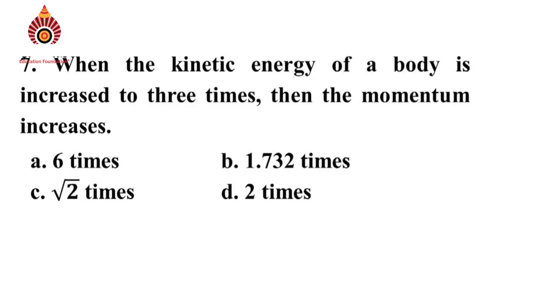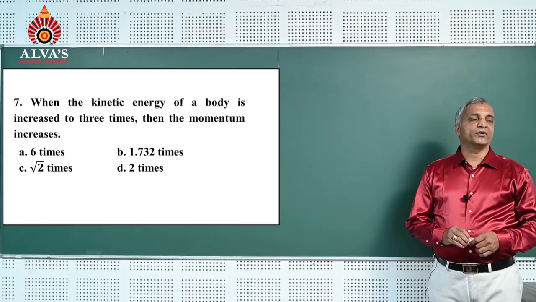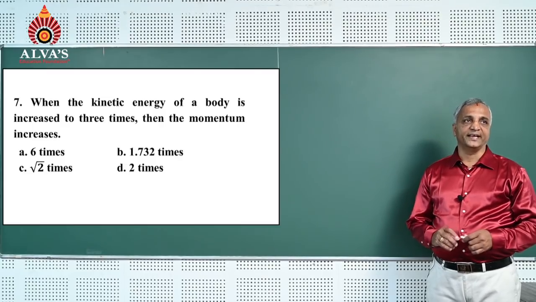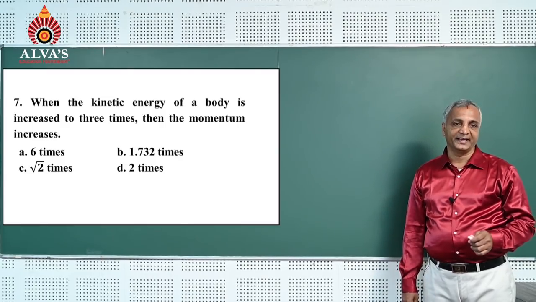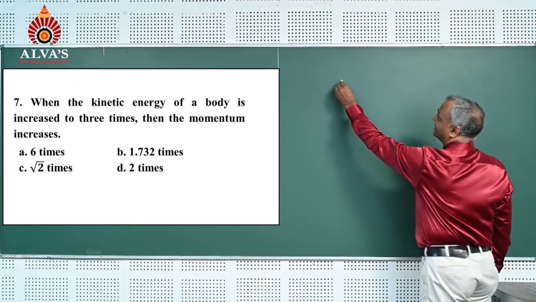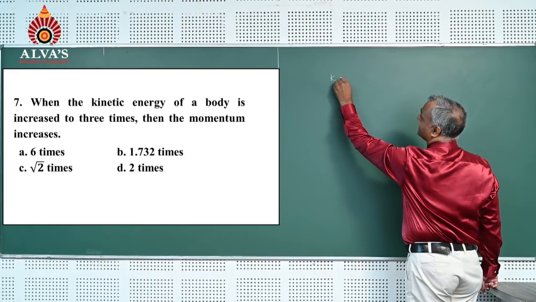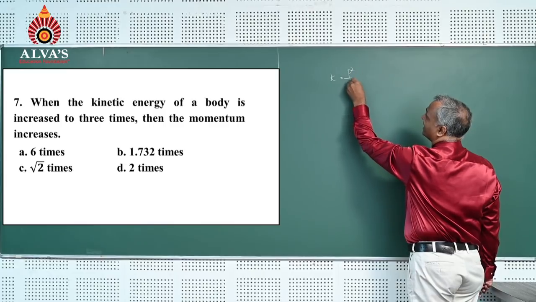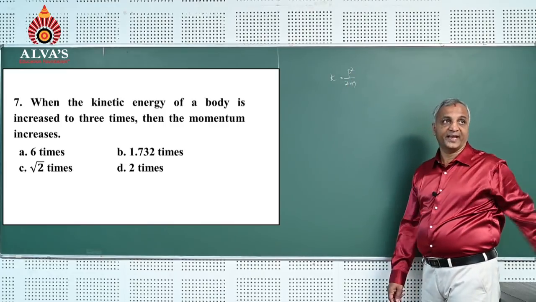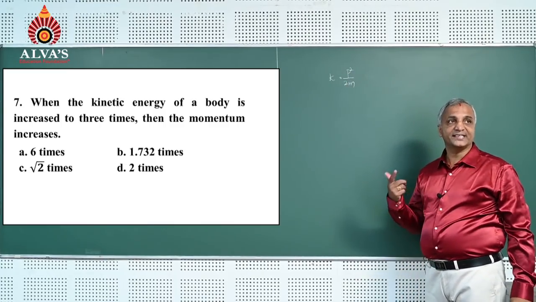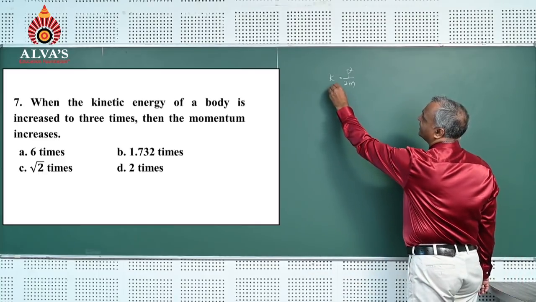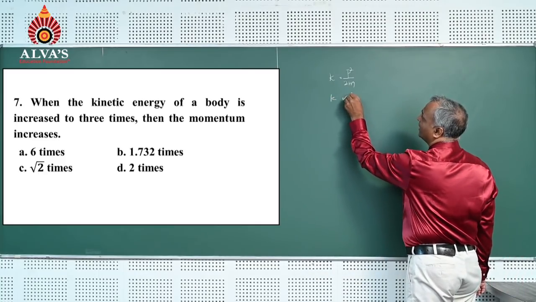Question number 7. When the kinetic energy of a body is increased 3 times, then the momentum increases by. We know that the kinetic energy is equal to momentum square divided by 2m, and kinetic energy is increased 3 times. So K is proportional to P square.